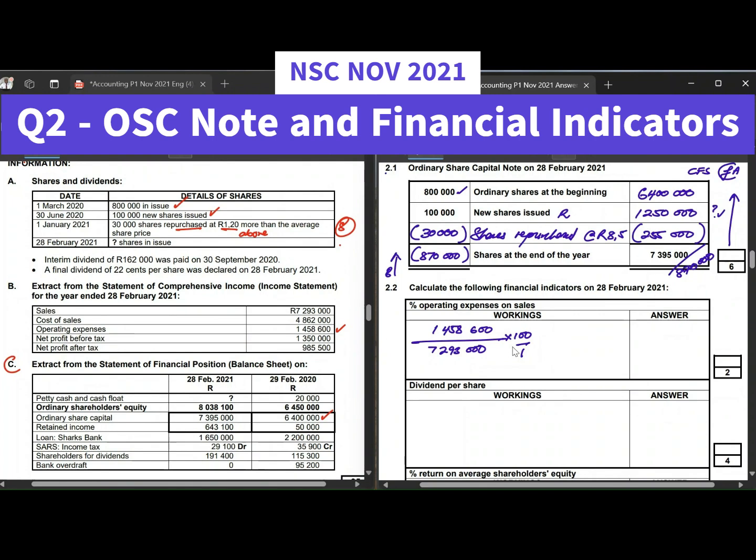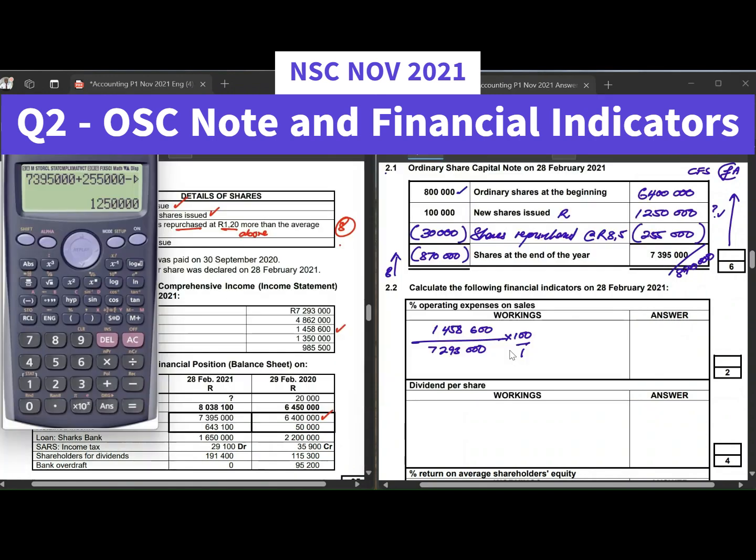Okay, so if you punch that in your calculator, you are now saying 1,458,600 divided by 7,293,000. Okay, and then that will give you your 20%. So the answer here becomes 20%. Okay, this one was an easy one.